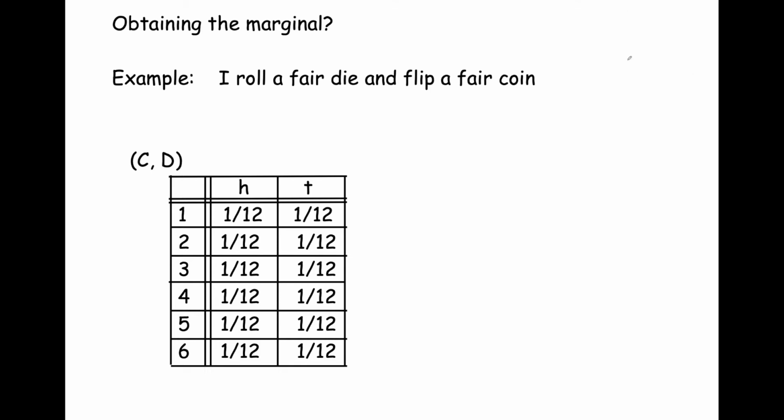In this example, let's assume I have an event consisting of two components. I have a fair coin, and its outcome I'm going to measure with random variable C. I'm just going to measure the presence of what I see: either heads or tails. And then I also roll a fair die, and its outcome is measured by random variable D, which is a 1, 2, 3, 4, 5, or 6 as usual.